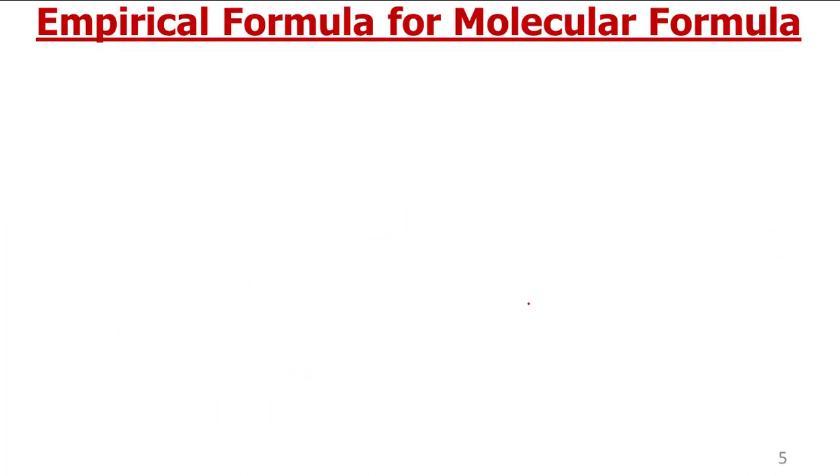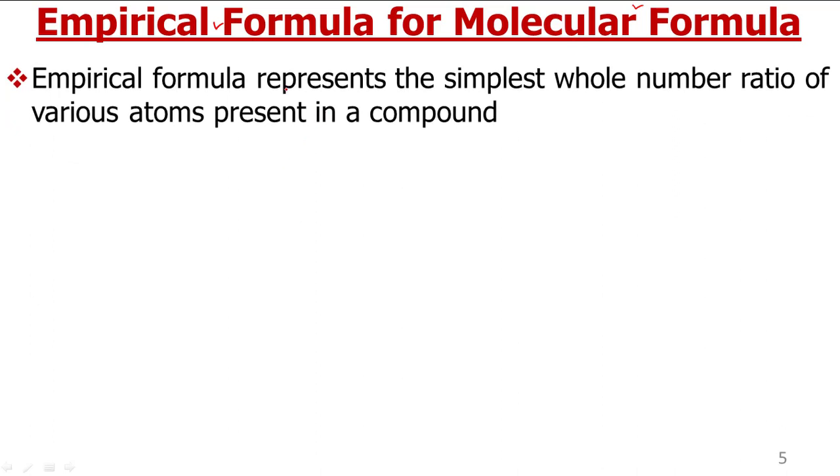Now let us see what is meant by empirical formula and molecular formula, and how to derive the empirical formula from a molecular formula. Empirical formula represents the simplest whole number ratio. Whole number means 1, 2, 3, 4, without fractions.